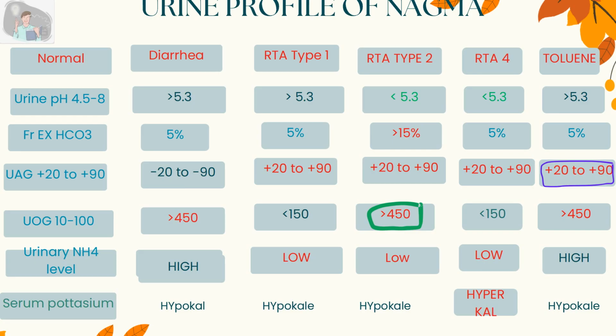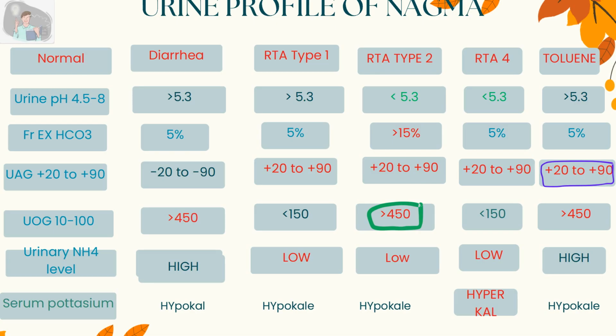However, not all labs are able to do or willing to do the urinary ammonium level on a consistent basis. So until such a day, we would require the surrogate markers, urinary osmolar gap and urinary anion gap.